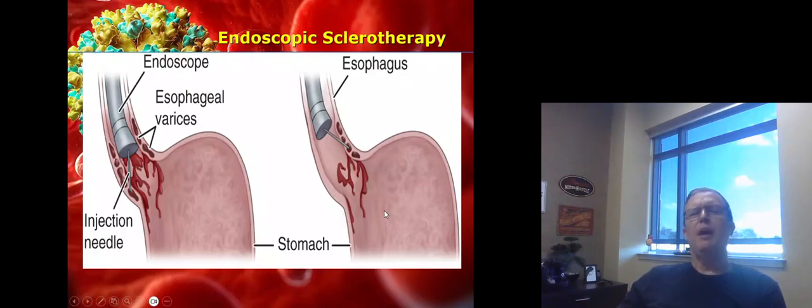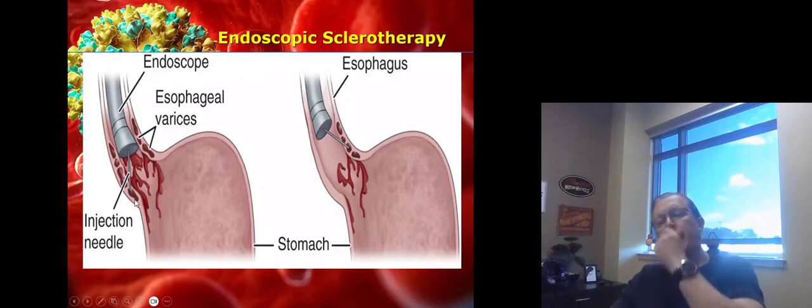So here are some schematics of the esophagus with an endoscope, and you can see the esophageal varices here on the side. They look like these little pockets, and the reason they look like that is to reflect the thinning of the esophageal wall as a result of the dilation of those vessels behind it.